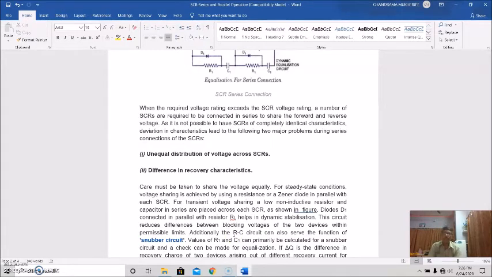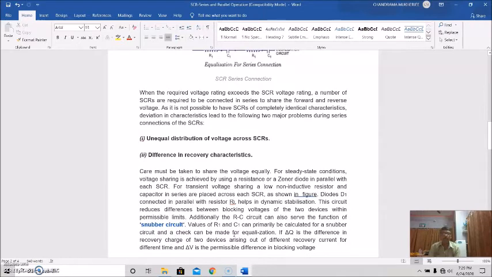Additionally, the RC circuit can also serve the function of a snubber circuit. We have already discussed the use of the snubber circuit in the protection part of the SCR, and the values of R1 and C1 can primarily be calculated for a snubber circuit, and a check can be made for equalization.